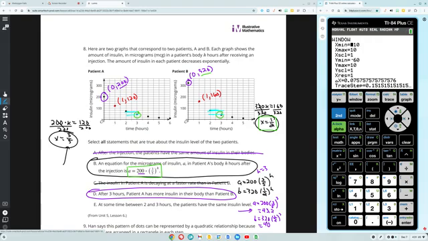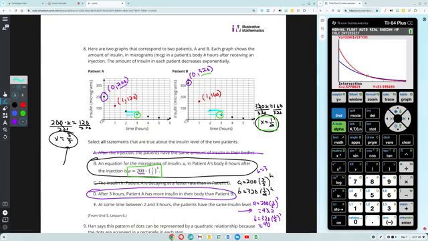So window from 0 to 6, and from 0 to 400. That's essentially what we're looking at on the actual worksheet. And if I'm looking for where they cross, I can tell they're going to cross somewhere between 2 and 3, specifically right there. So I can go ahead and circle that last one as well.